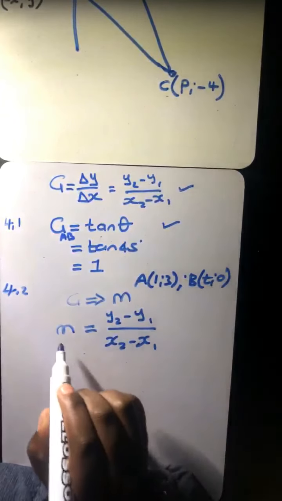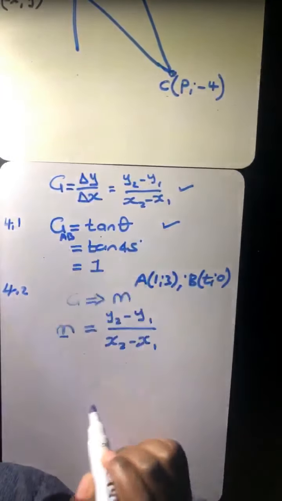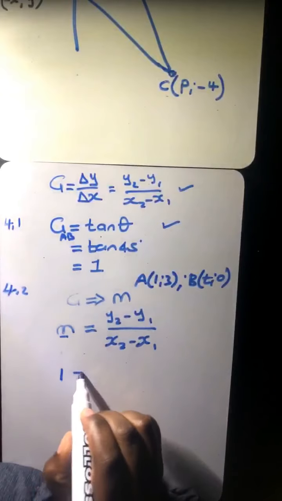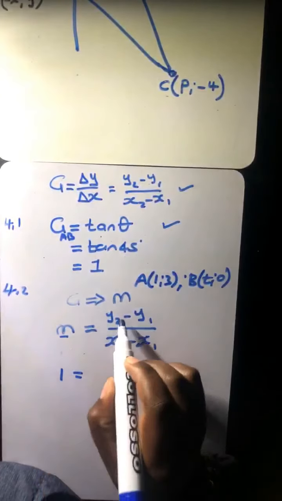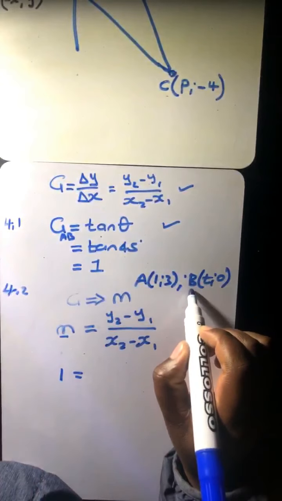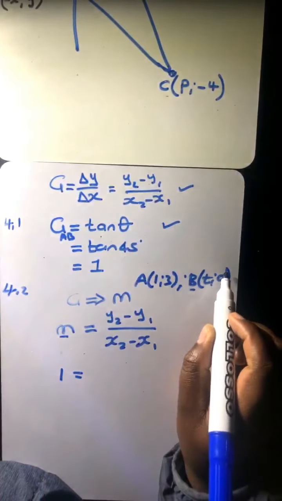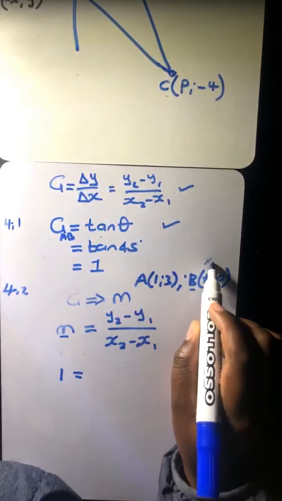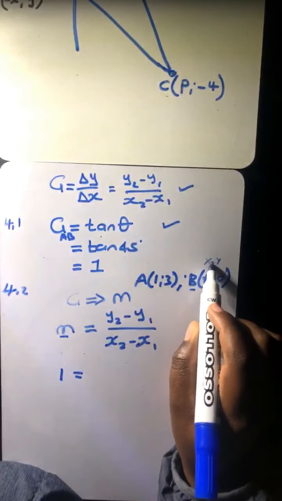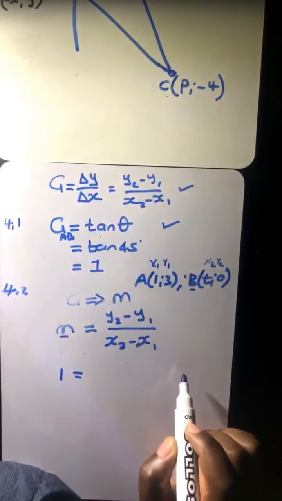So can you guys see? We just calculated the gradient of line AB, which is 1. That equals what? What is y2? We use letter B because it comes second. So this is going to be x1, y1, x2, y2.